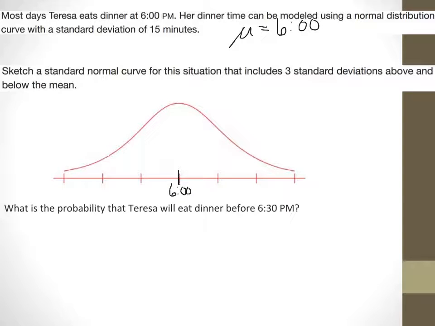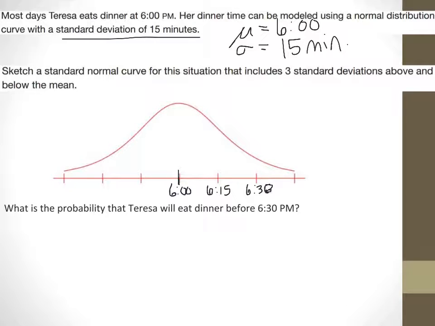And then the standard deviation is 15 minutes. Her dinner time can be modeled using a normal distribution with a standard deviation of 15 minutes. So the next time would be 6:15, and then this one would be 6:30.